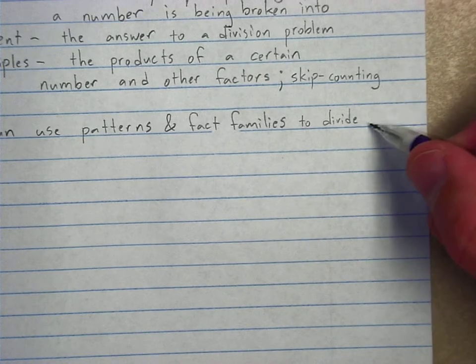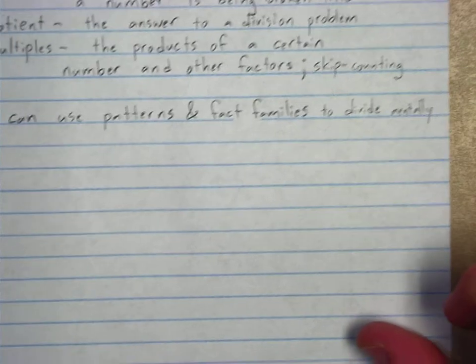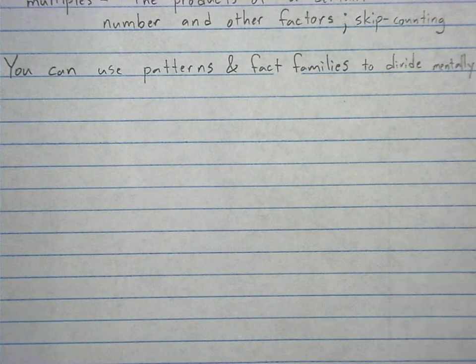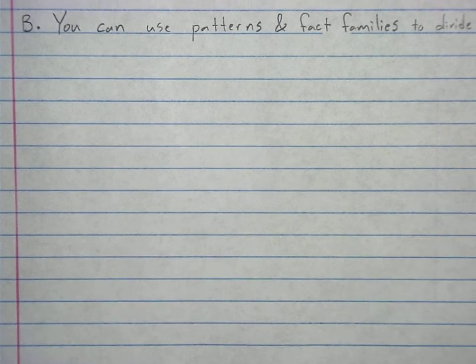Oof, did not leave enough room for that. There we go. You can use patterns and fact families to divide mentally. This is going to be our letter B. Now, slide over here and show you what I mean.